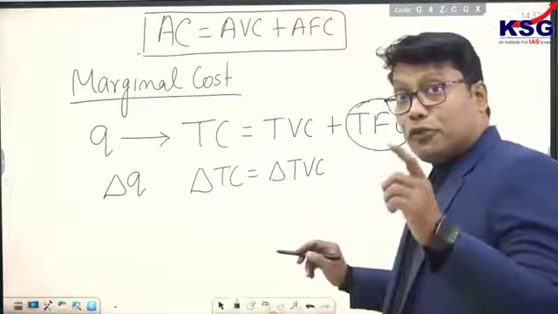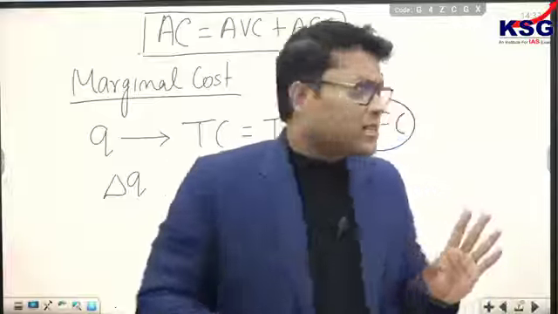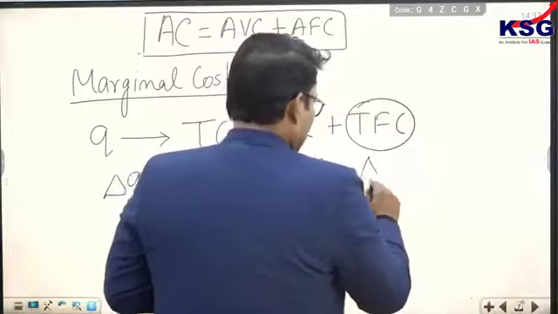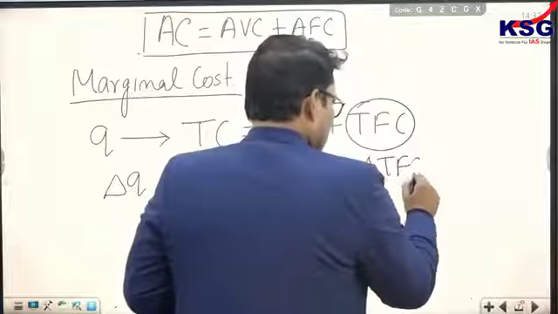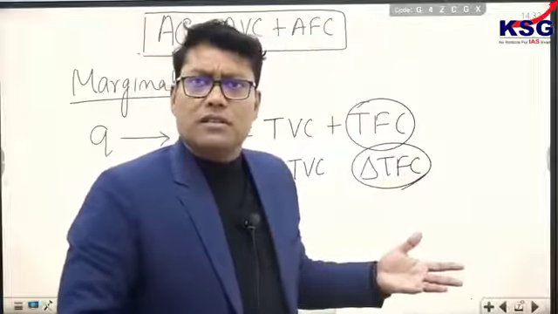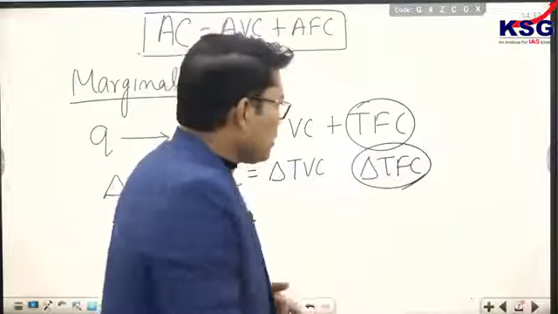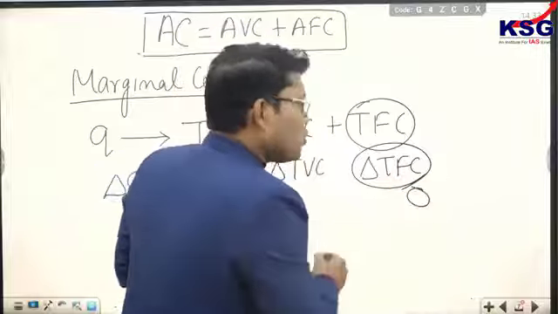You can write delta TFC, but you know that TFC, total fixed cost, will not change. So this delta TFC amount is going to be 0, no change.